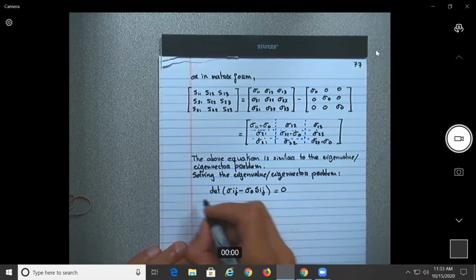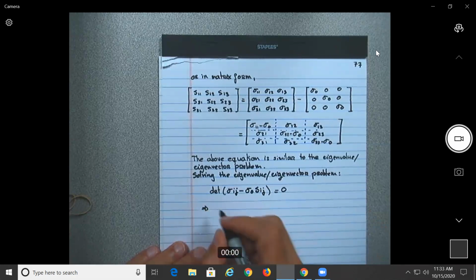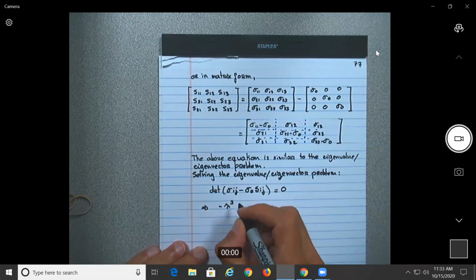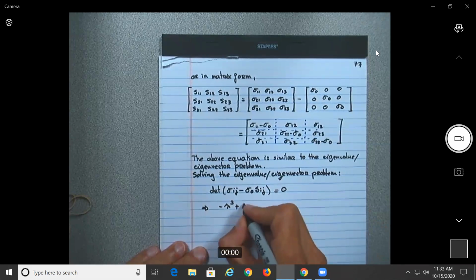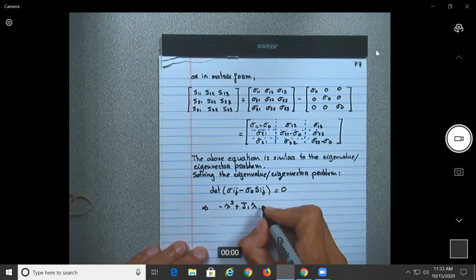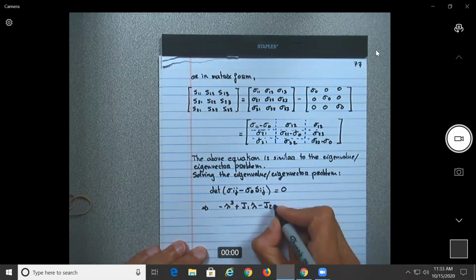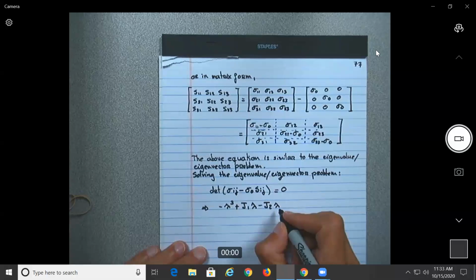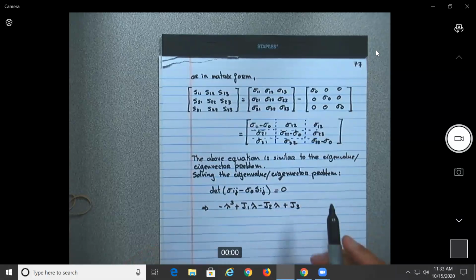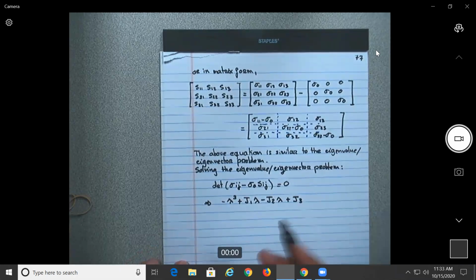So this will give you the characteristic equation that is minus lambda cubed plus J1 lambda squared minus J2 lambda plus J3. I may have forgotten a square here. I'm going to check.